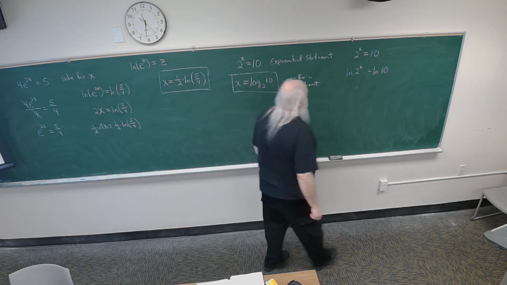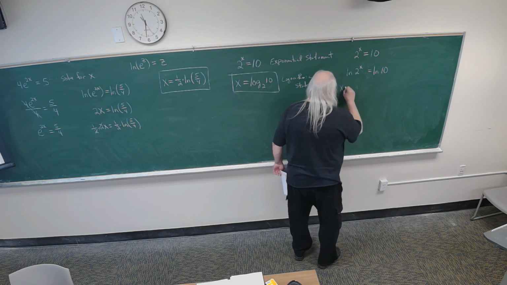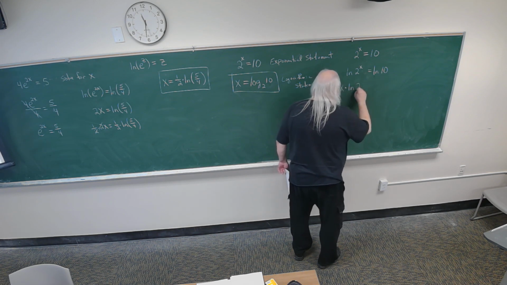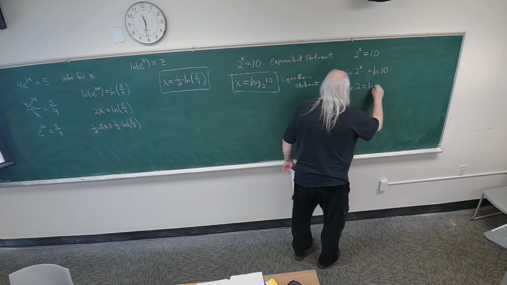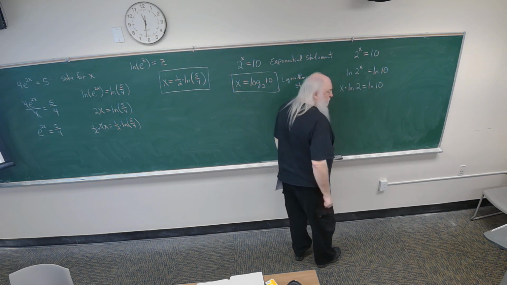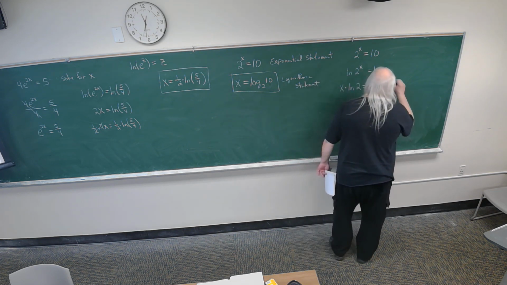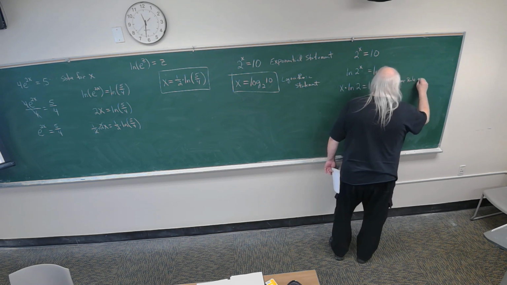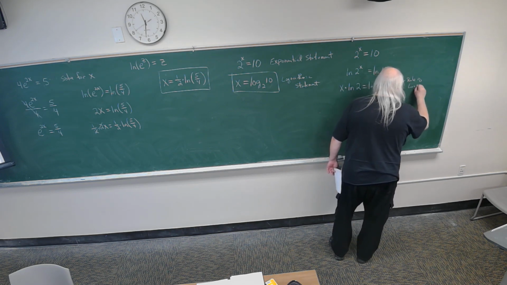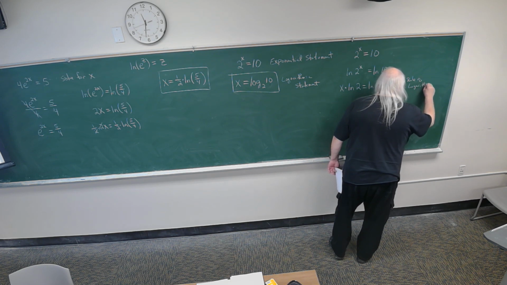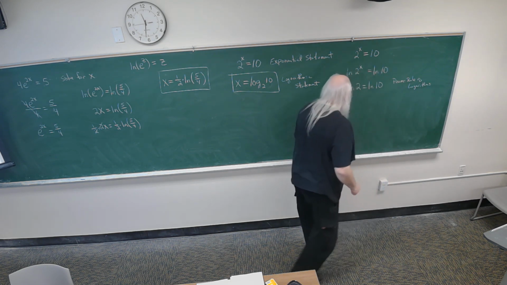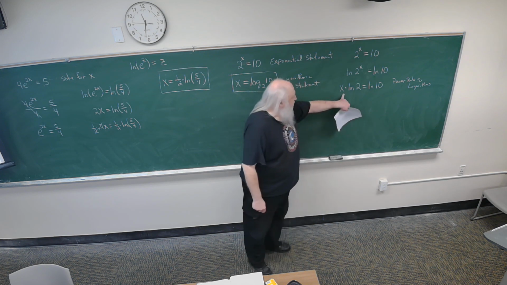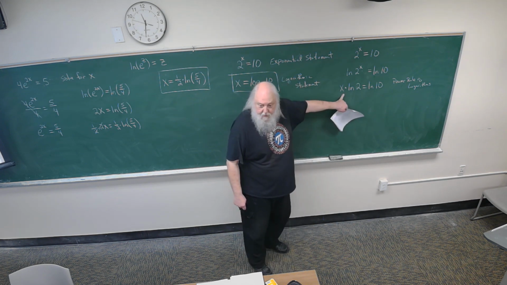And I have x times the natural log of 2 is equal to the natural log of 10. Okay? So that is using the power rule of logarithms in section 5.2.